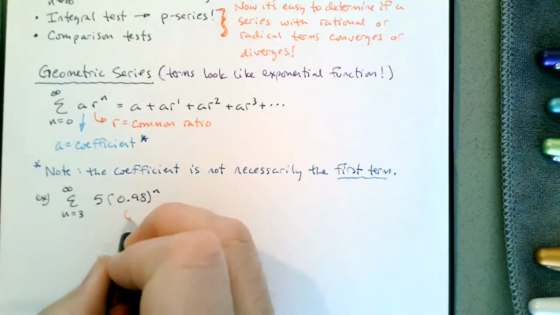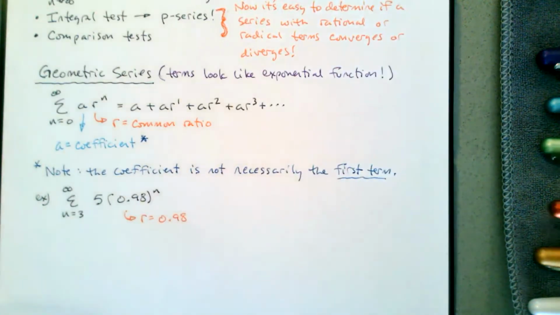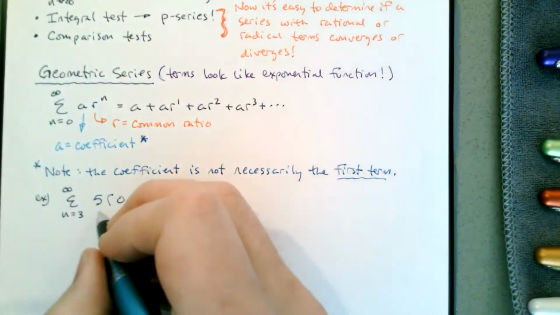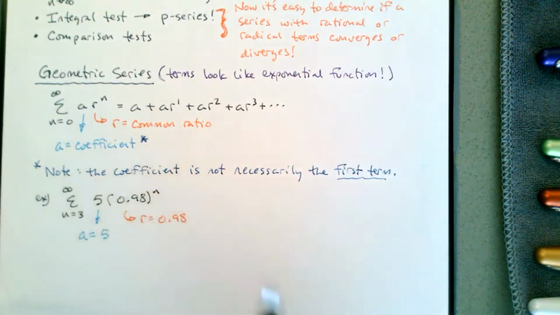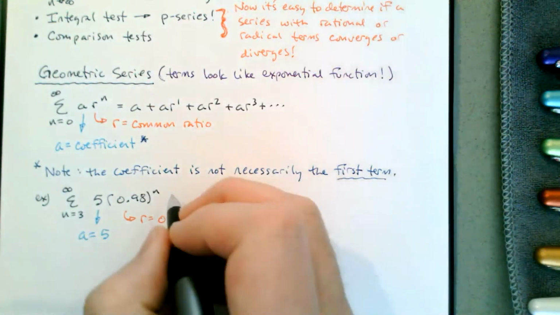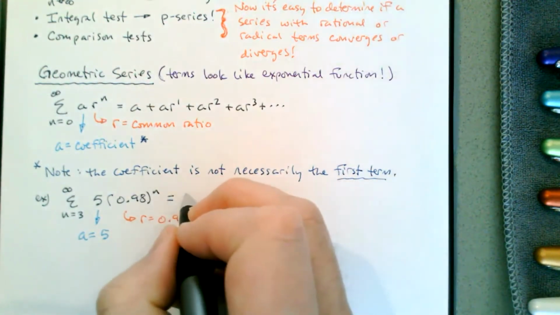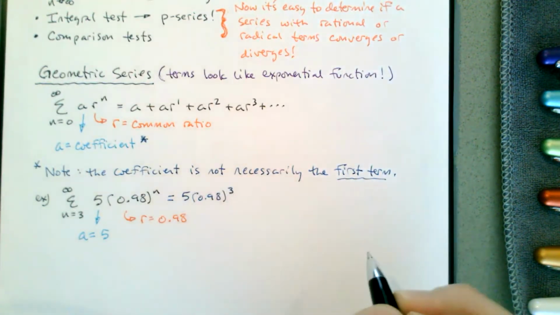So we would say that r is equal to 0.98. a is equal to 5. That's the coefficient. But the first term of the series is going to be 5 times 0.98 to the third.